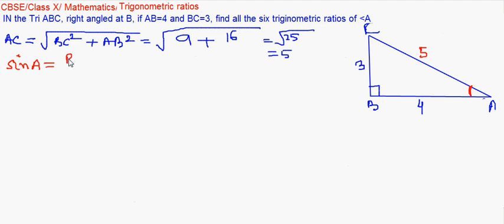So it is BC by AC. BC is given to be 3, AC is 5. Similarly, cos A is base by hypotenuse, so it is AB by AC, so it is 4 by 5.